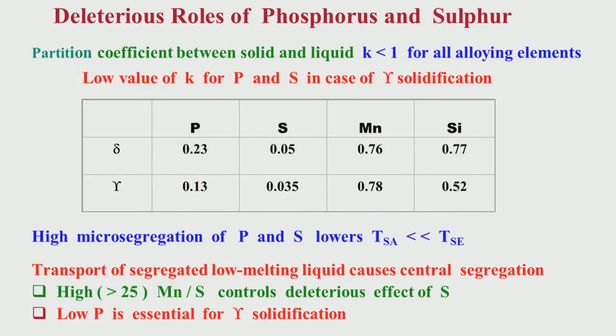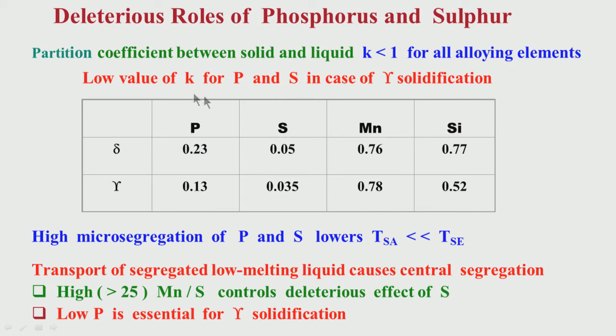So, now if you look at the values of phosphorus and sulfur, these values are much less compared to manganese and silicon, number 1. Number 2, in gamma solidification, these values are still less. So, this partition coefficient between solid and liquid, k, is less than 1 for all alloying elements, but for alloying elements like phosphorus and sulfur, these values are much lower compared to those for manganese and silicon, the common alloying elements in steel.